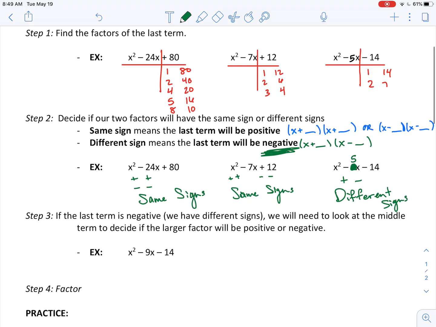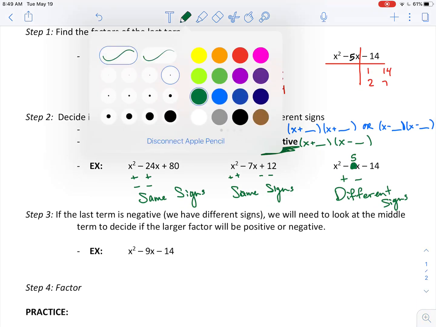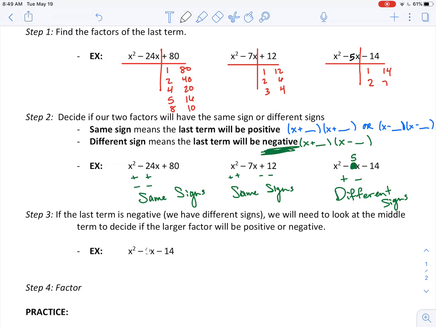Okay, so last thing to determine here: this last term is negative. Then what we're going to do is take our factors, 1 and 14, 2 and 7, and we're going to say, what's going on with this middle term here, this negative 5x?